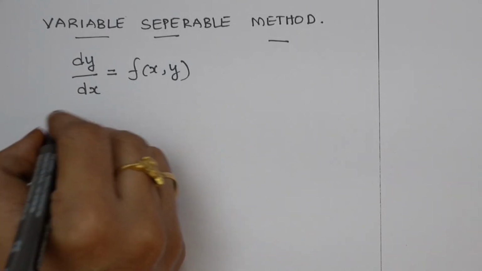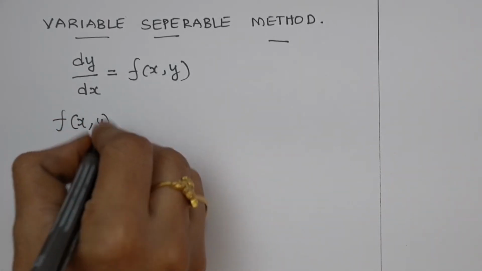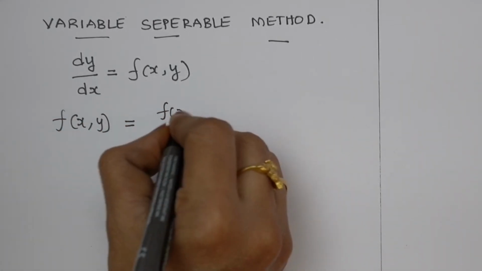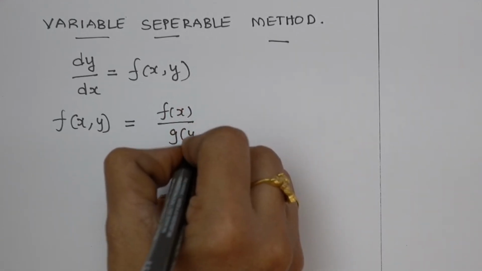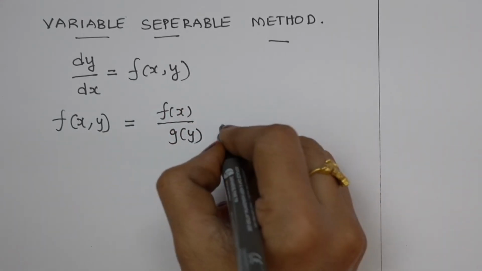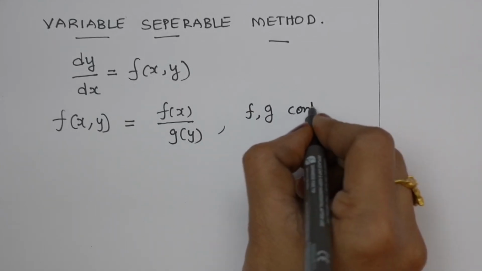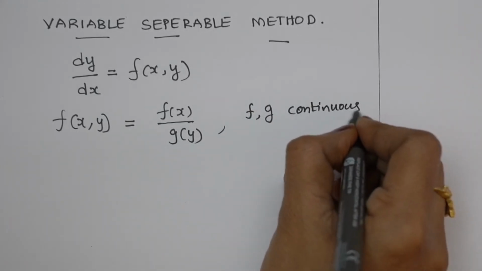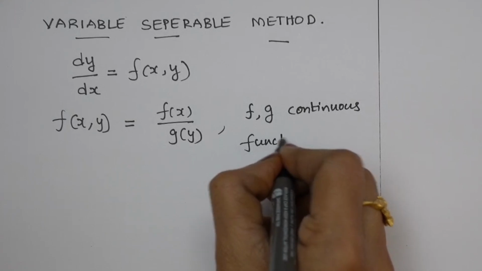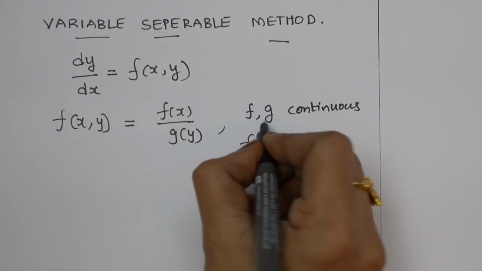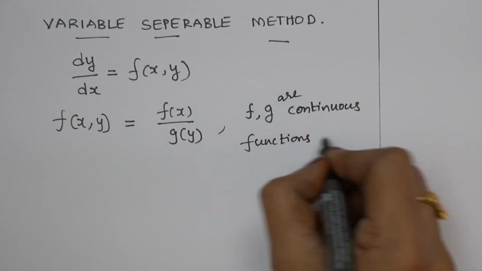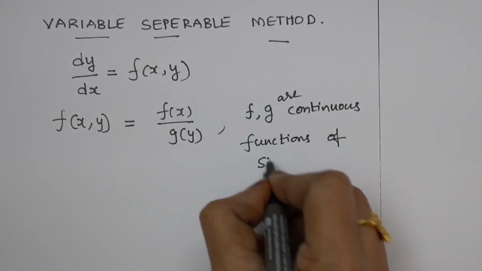If we write f of x comma y of the form f of x by g of y, here f and g are continuous functions of single variable.